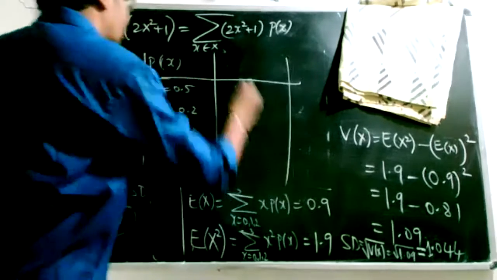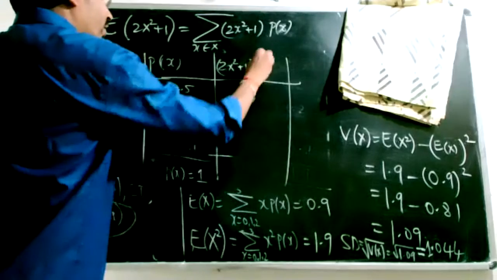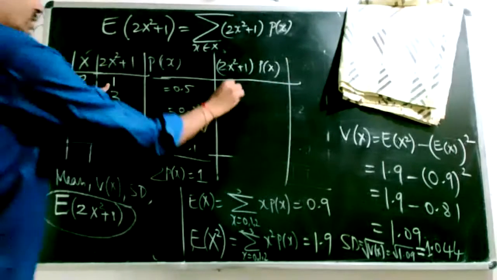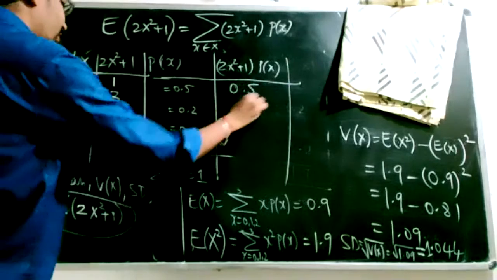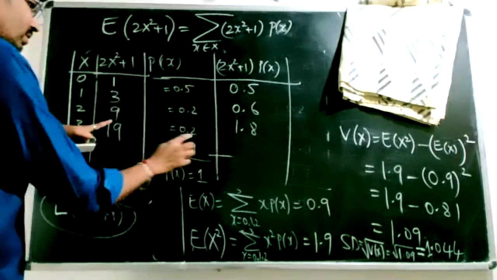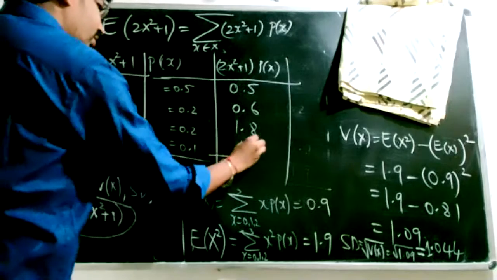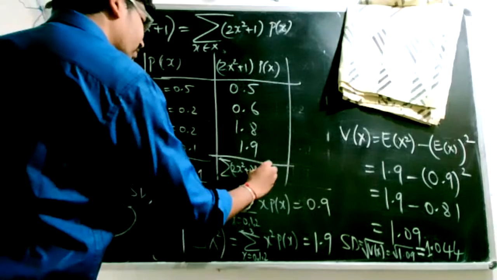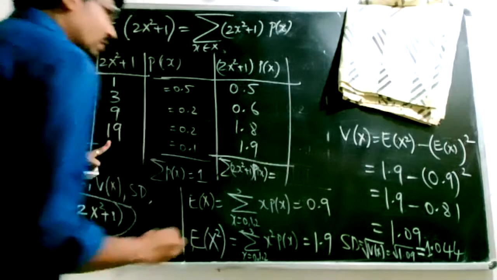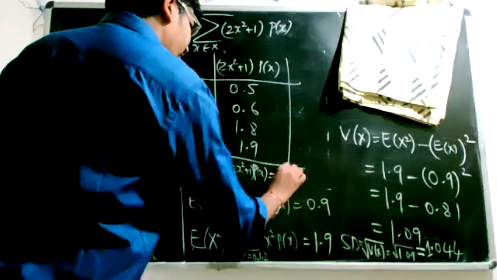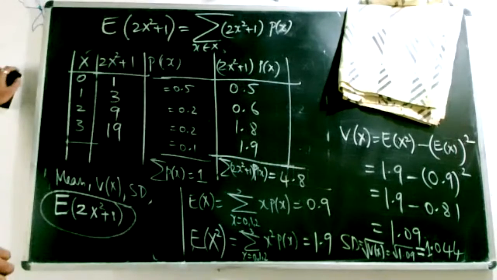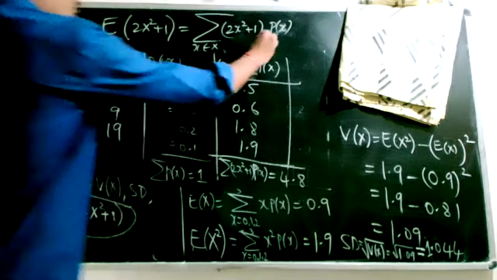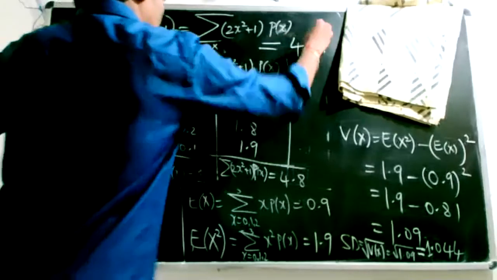Now do 2x square plus 1 into p of x. So we have 1 into 0.5, 3 into 0.2, 9 into 0.2, and then 19 into 0.1. So the total of 2x square plus 1 into px comes to 4.8.